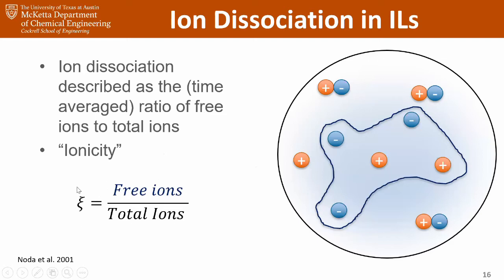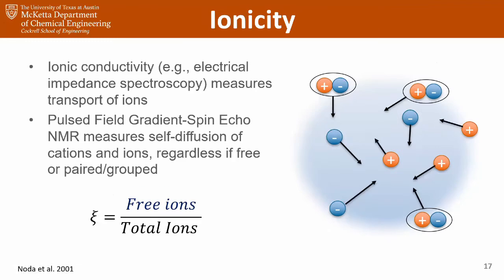And of course, this is a lot easier to do than to calculate an equilibrium constant, where we would really need to know the non-idealities in order to express that equilibrium constant in terms of activity. So just the number, all right? So the time average ratio of the free ions to the total ions.